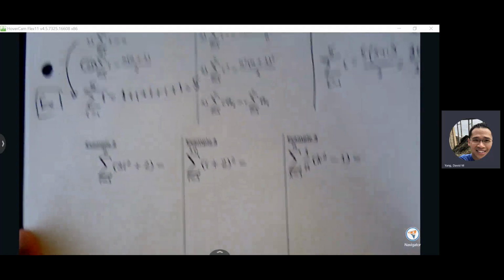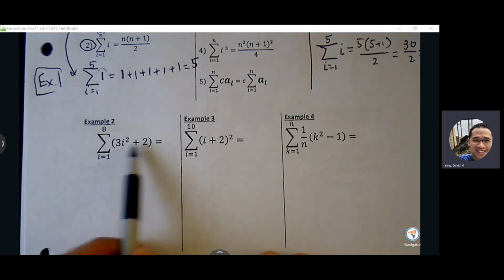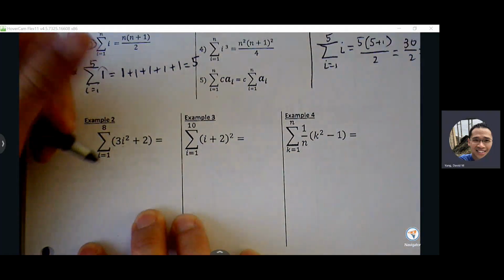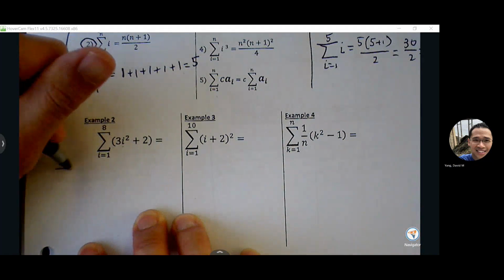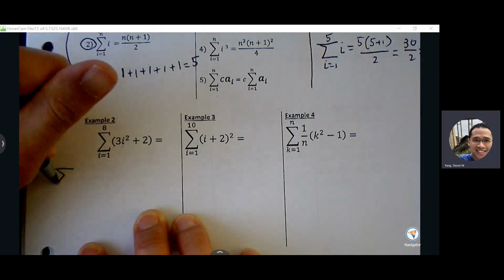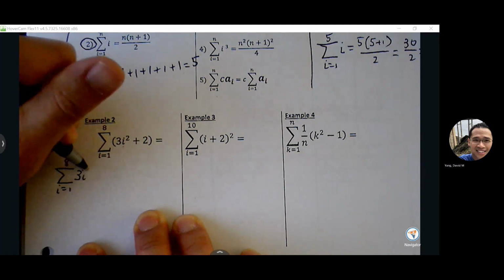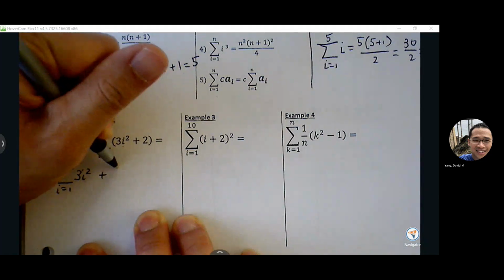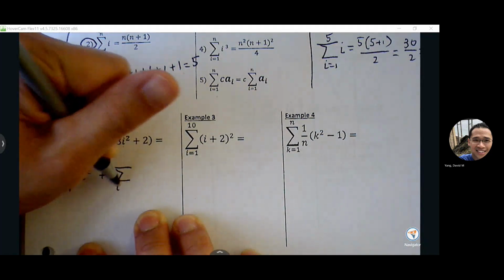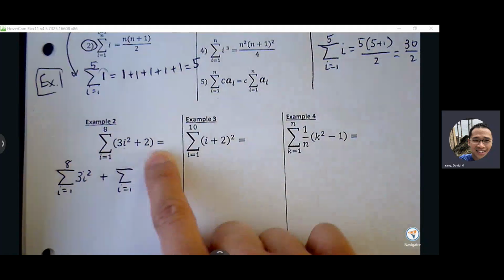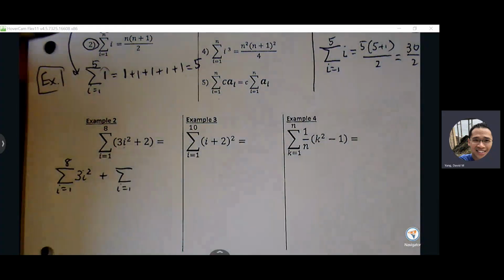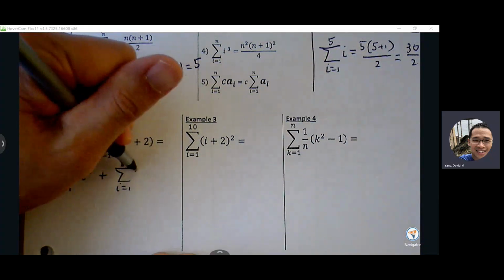The summation is going to apply to both these terms, so I want to separate them individually, break this problem into smaller portions. And this 2 is not just a 2, okay? It's a summation of 2, so it has its own rule.